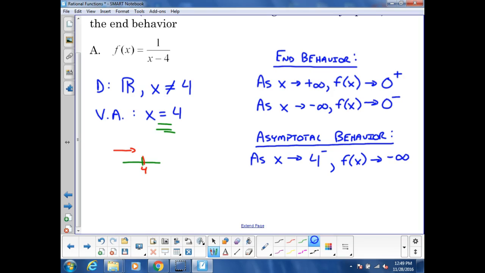Flip it over. Now we're coming from the right. So as x approaches 4 from the right, what does my function do?